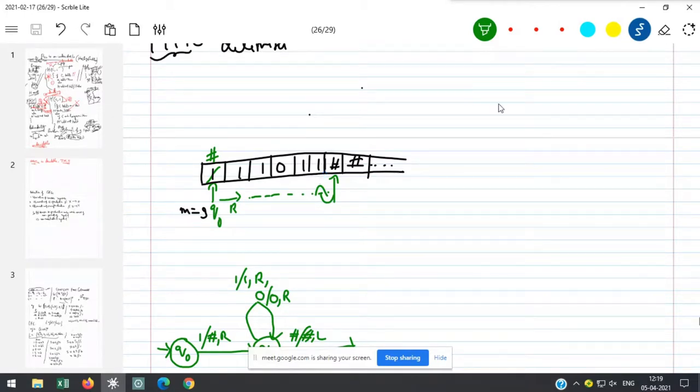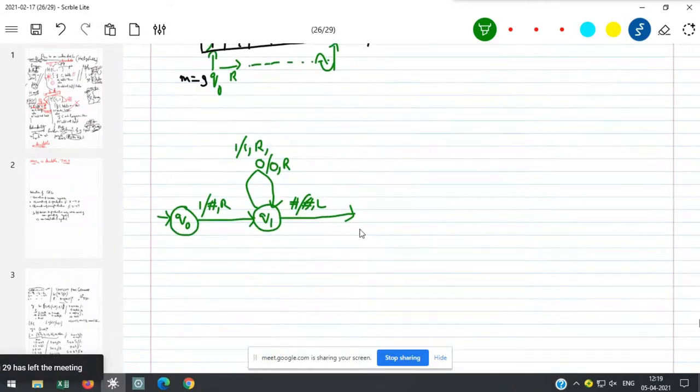Let me write it here: 1, 2, 3, 0, 1, 2. To perform the subtraction, cancel this one here, cancel it there, again cancel it, and the remaining 1s will be the output. This is our purpose for designing this Turing machine.